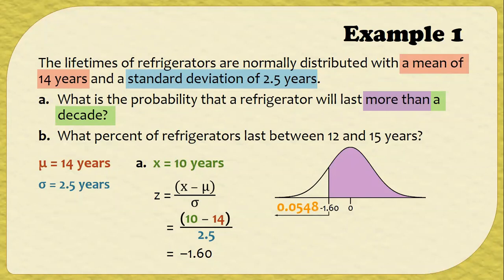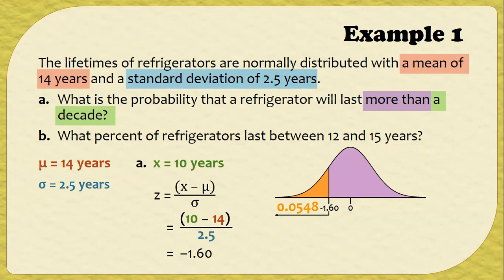Now, again, the reason we have this arrow pointing to the left is because this tells us what area we have. We have this orange area right now, so we know that this orange space is 0.0548. That's fine, but we want to know the area above. We want to know the purple region.